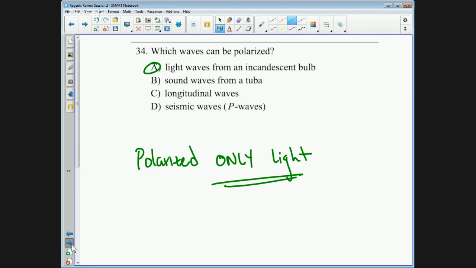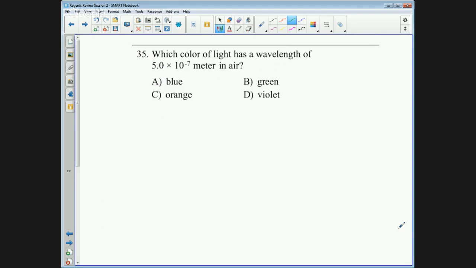Okay. Which color of light has a wavelength of 5 times 10 to the negative 7 meter in air? Okay, so we have wavelength equals 5 times 10 to the negative 7 meters. It's the speed of light, so this is 3 times 10 to the 8 meters per second.